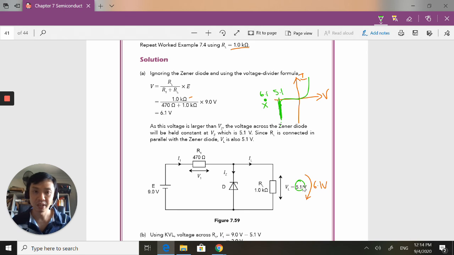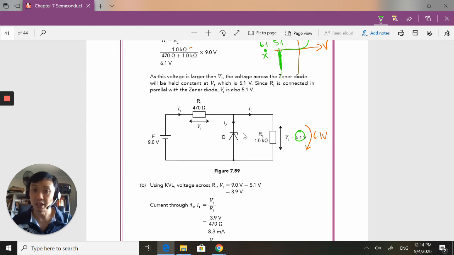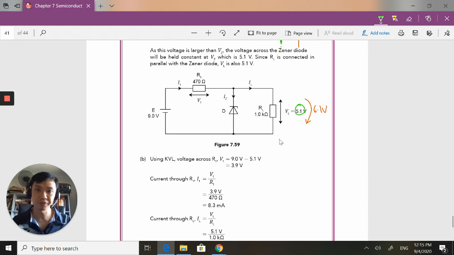So no matter what you do, the voltage across here is always 5.1. So we are ensured we have a constant voltage of 5.1 volts. It's a pretty useful thing, the Zener diode.